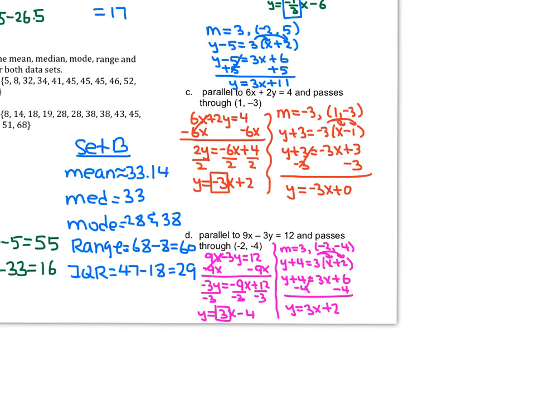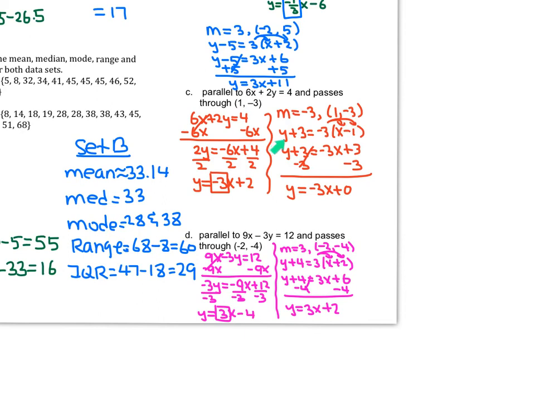For part C and D, these are parallel. So after solving for y, I end up seeing that my slope is negative 3. So I move the 6x over. I divided everything by 2 and ended up with y equals negative 3x plus 2. My slope is negative 3. When my lines are parallel, the slopes are the same. So that means my new slope is going to still be the same as this one, which is negative 3. The point they gave me is (1, -3).